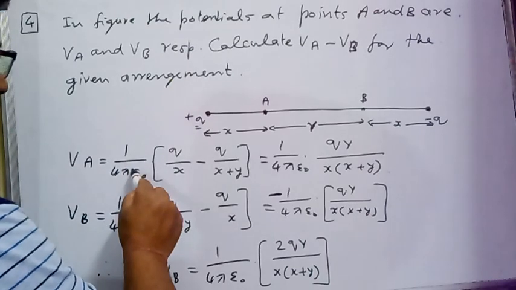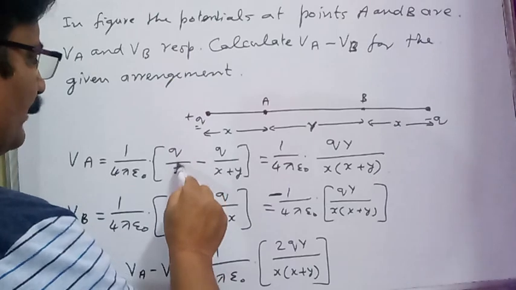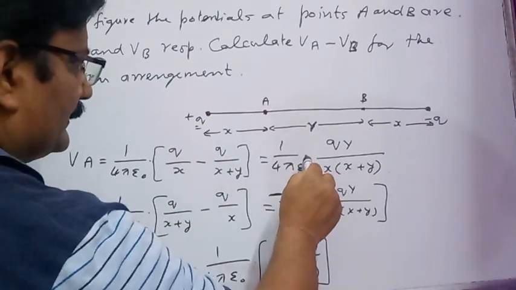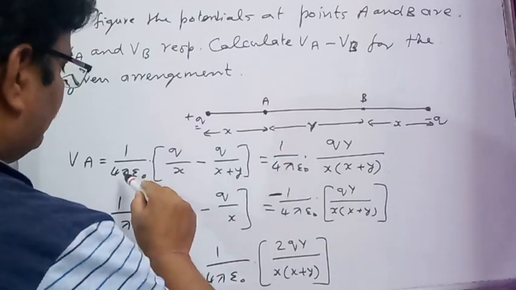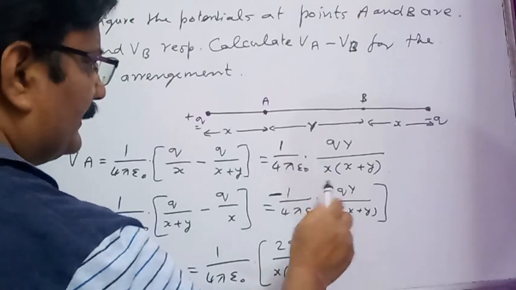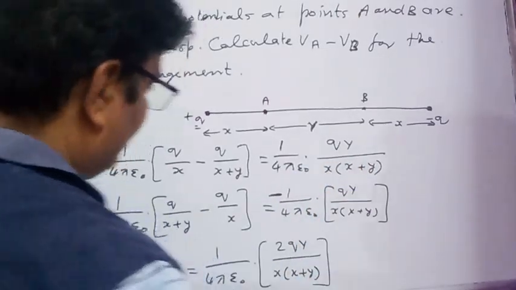So this is common, constant. If we take LCM of q by x and minus q by x plus y, easily you can find value of the potential at A, that is going to be 1 by 4 pi epsilon naught q into y divided by x into x plus y.